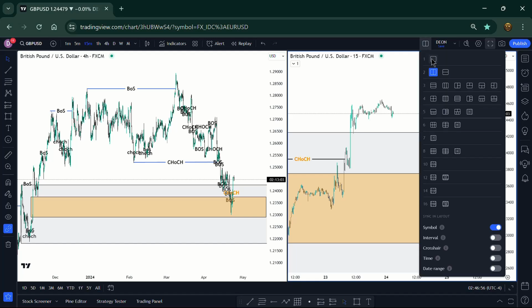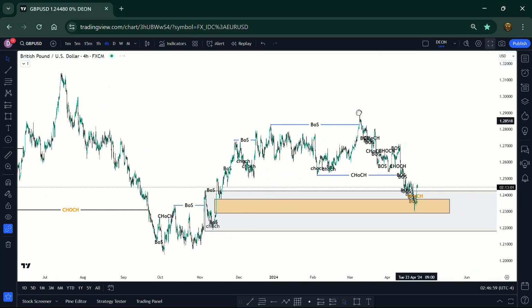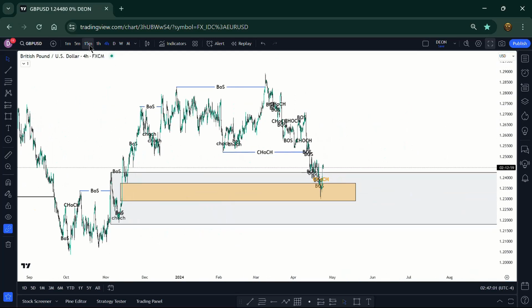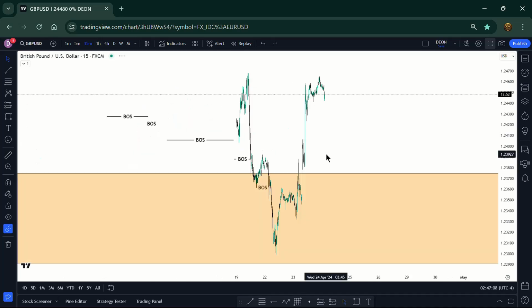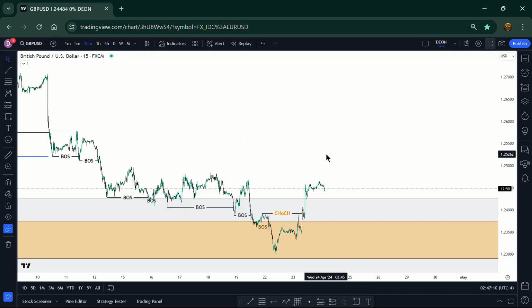So, guys, the only thing that you need to remember when you are doing multiple time frame analysis is that it's all about probabilities. And I wouldn't advise you to be using way too many bias time frames.